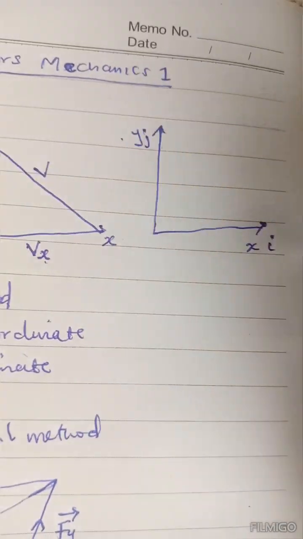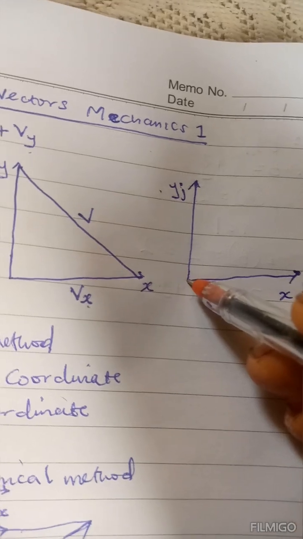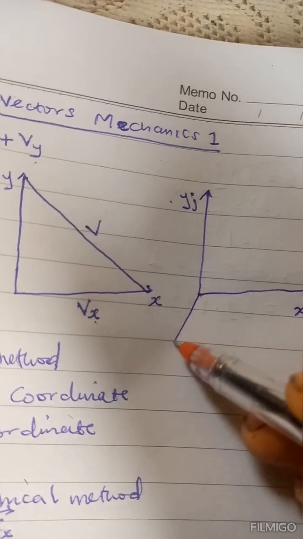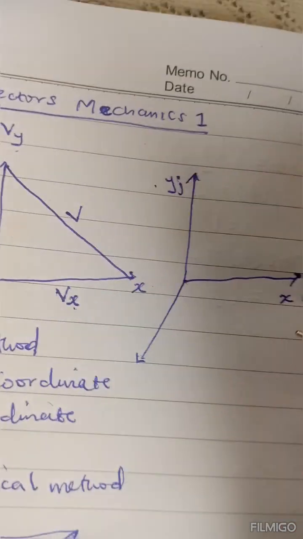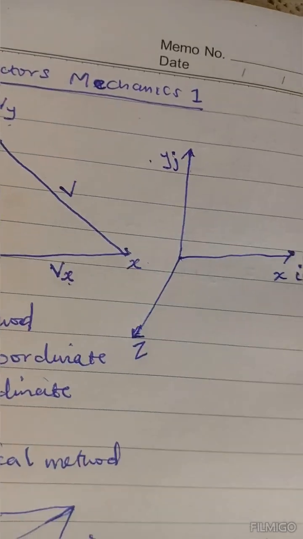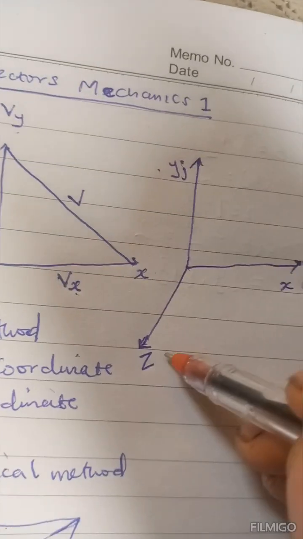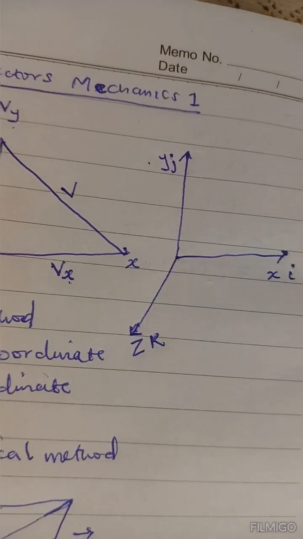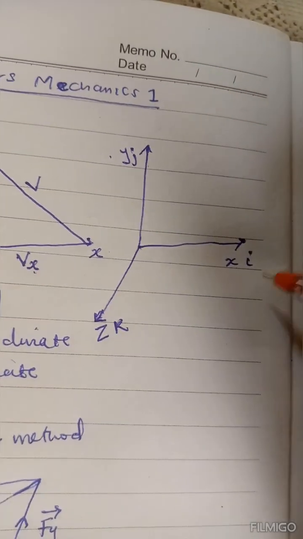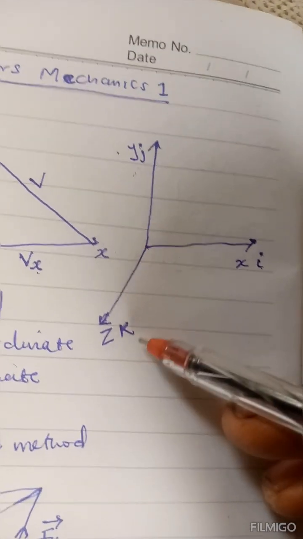Okay. So for three-dimensional coordinates, coming back to this diagram, we are going to assume that there is another coordinate at this point, which is the z coordinate. And what is allocated to the z coordinate? k. So x coordinate i, y coordinate j, z coordinate k.